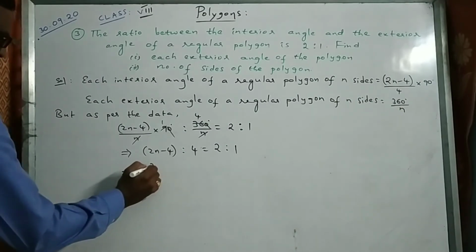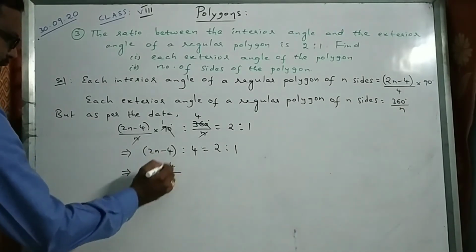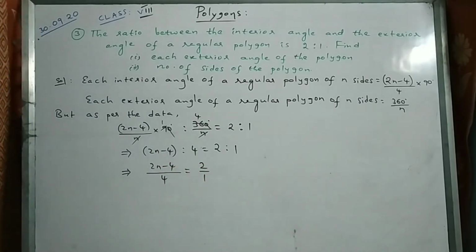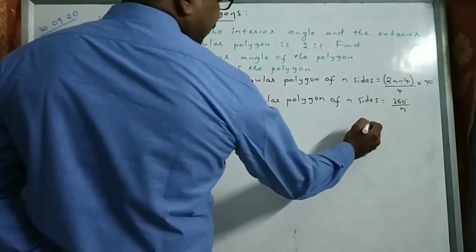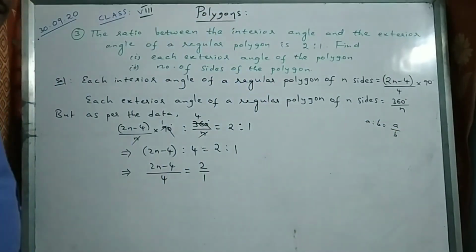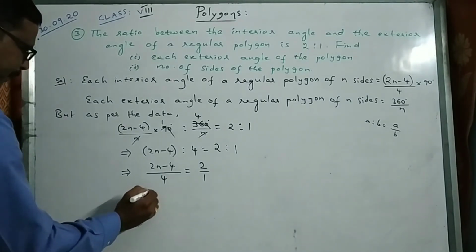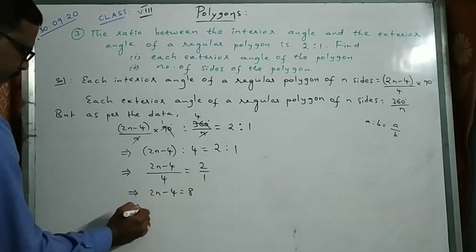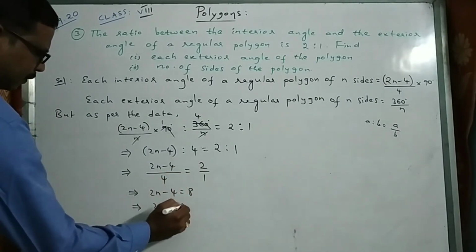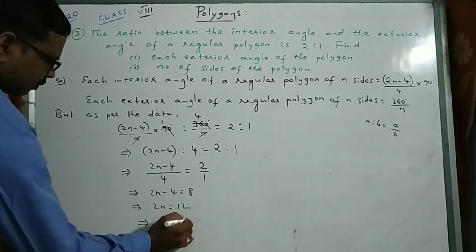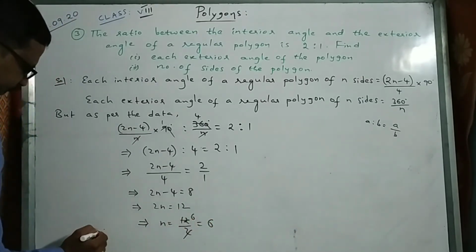Ratio is nothing but division, so 2n minus 4 by 4 equal to 2 by 1. A is to B means A by B. Cross multiply. 2n minus 4 equal to 2 fours are 8. So 2n equal to 8 plus 4, 12. So n equal to 12 by 2, 6.